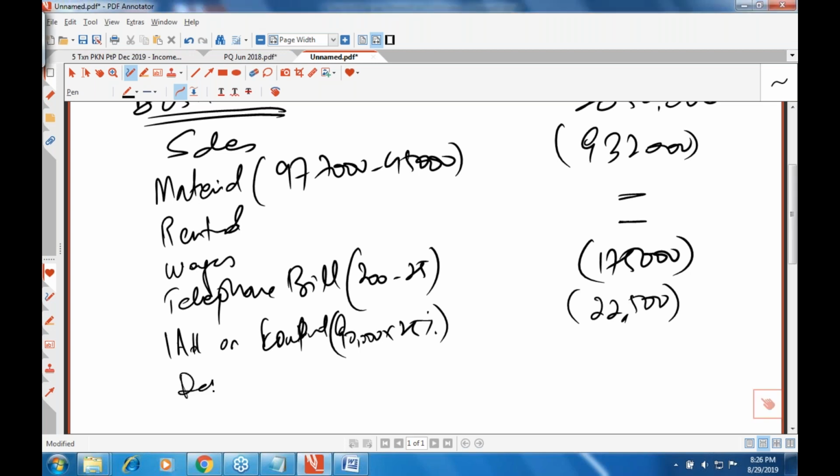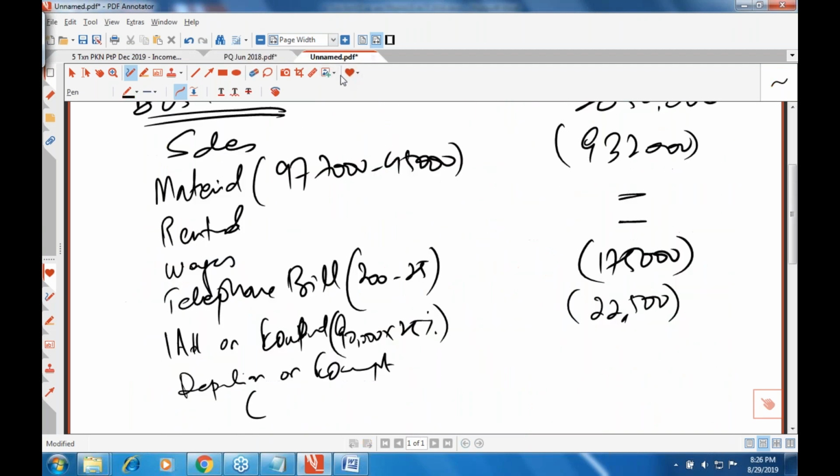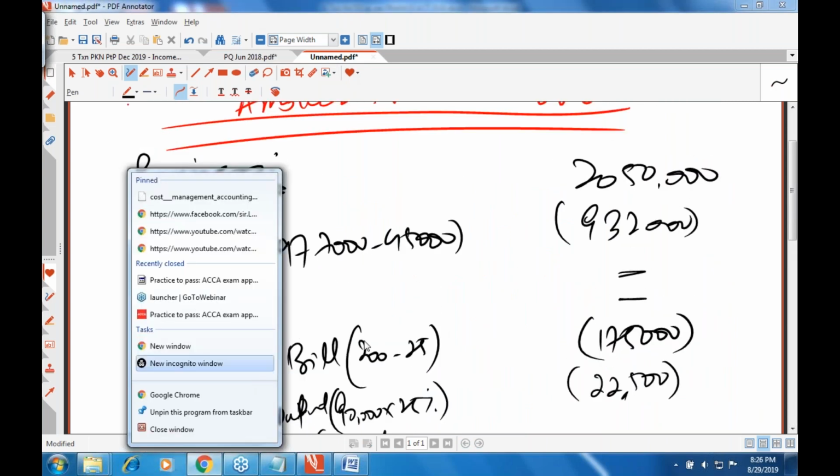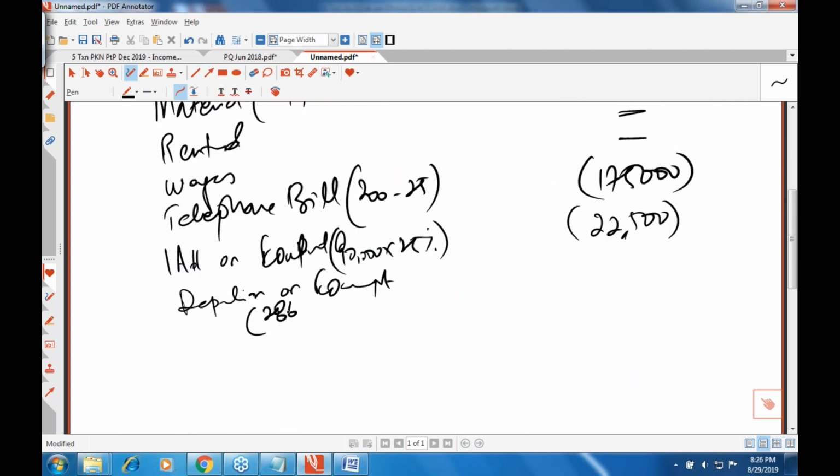Then you have got depreciation on equipment. The original equipment that we had was 2.86 million, minus 1,360,000, plus 90,000, minus 22,500, and this whole is going to be multiplied by 15%, which is the rate of depreciation on the equipment.